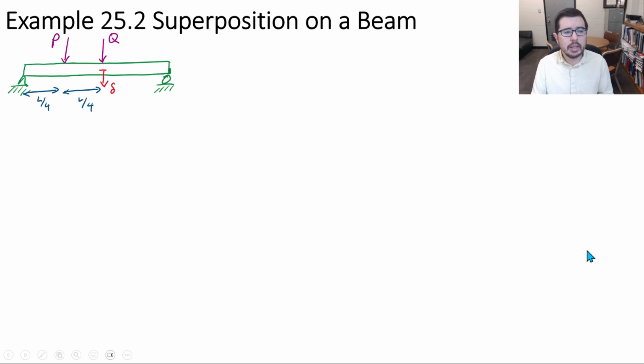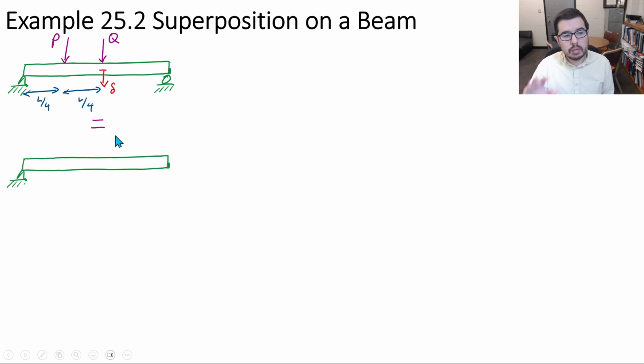Let's do another example, and I think this one's actually kind of simpler. It is simpler than what we just did. Here we have a configuration with a pin-pin beam with 2 loads applied. And we have in the past had tables giving us the resulting displacement when you have a load across a pin-pin beam and you're interested in figuring out displacement at some location across the beam.